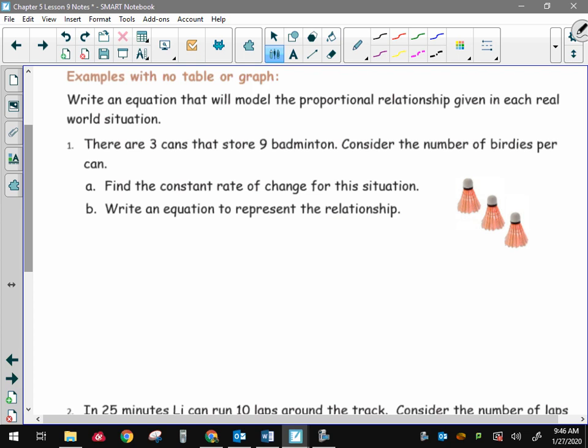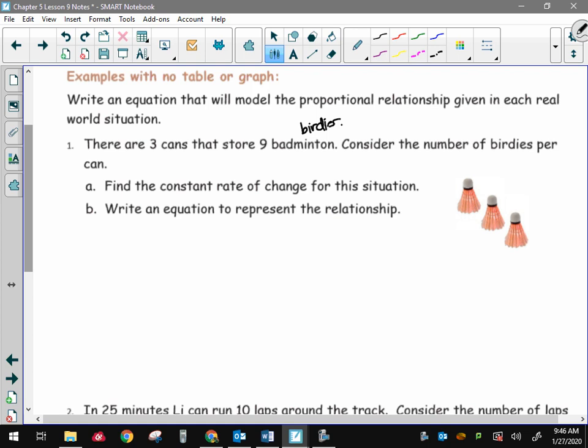There are 3 cans that store 9 badminton birdies. I left out a word. Consider the number of birdies per can. Money's not involved in this. I don't know which is my independent and dependent variable. Any thoughts on how I decide what goes on top?